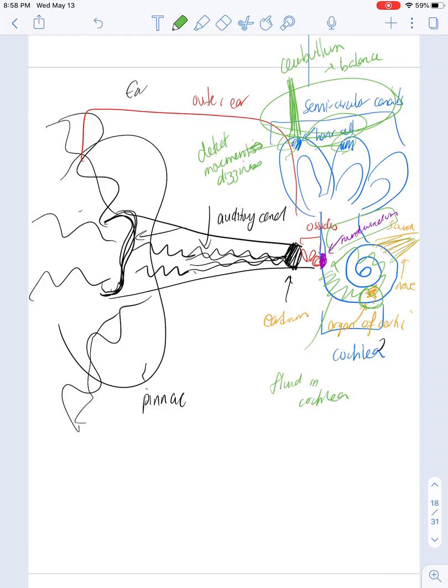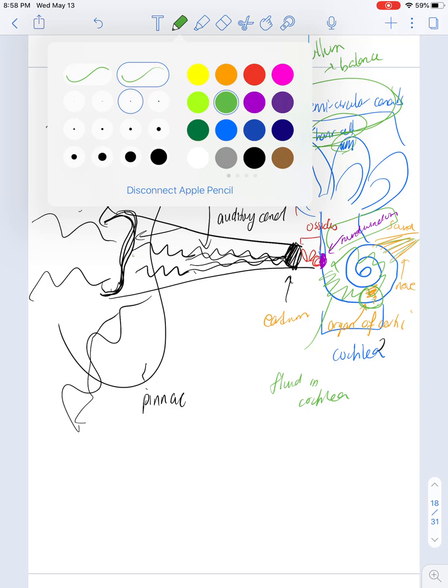So really important to note that the hair cells in the cochlea are found in this organ of Corti, and they are responding to movement of the sound waves, right?